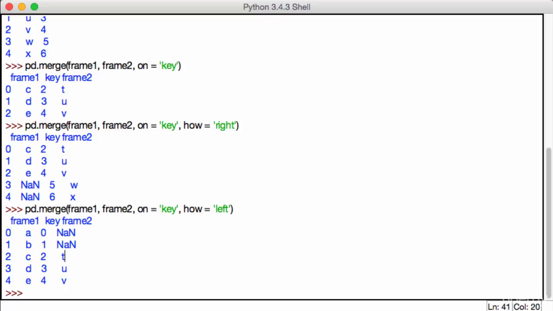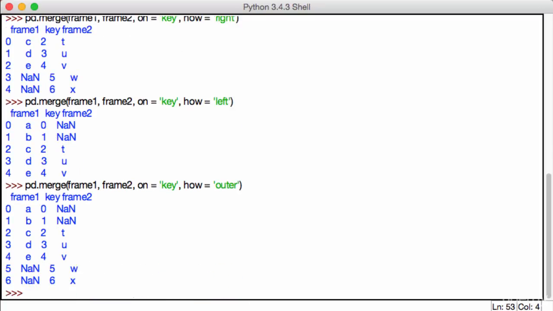Now, the other two are outer and inner. Outer basically uses union of keys from both frames, okay? So if you specify outer, let's go ahead and instead of left do outer. What do you get? You get everything. It doesn't matter if it has it or if it doesn't. You're just joining both data frames together.